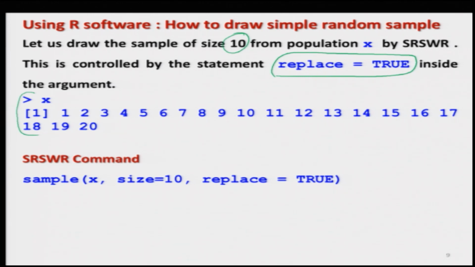That is the simple reason. So, in this case capital N is 20 and small n is 10, and so the command becomes sample the data vector x, sample size is equal to 10 and replace is equal to true.